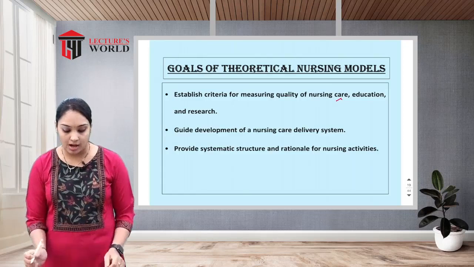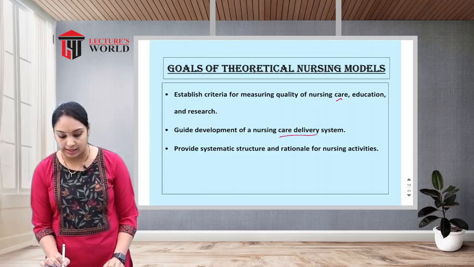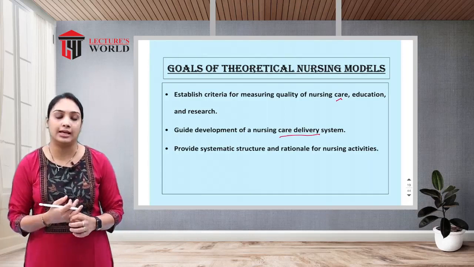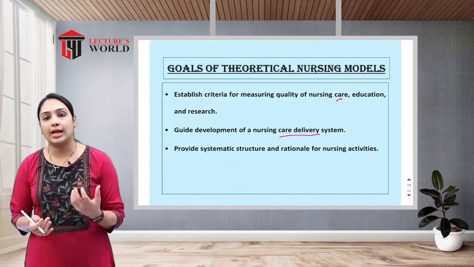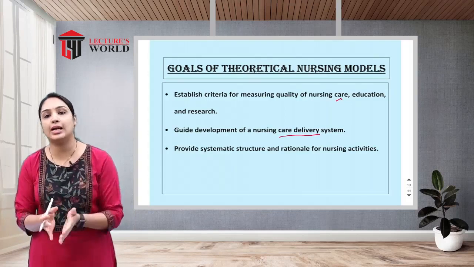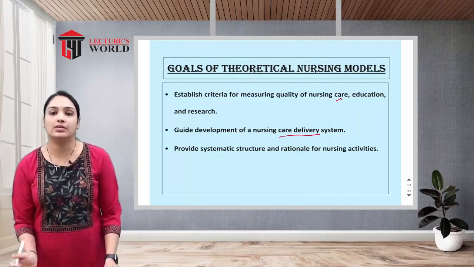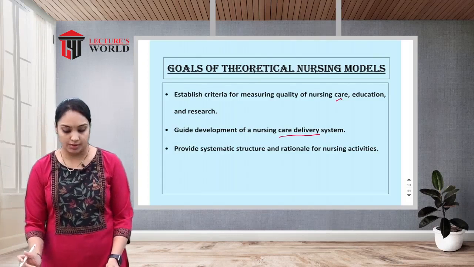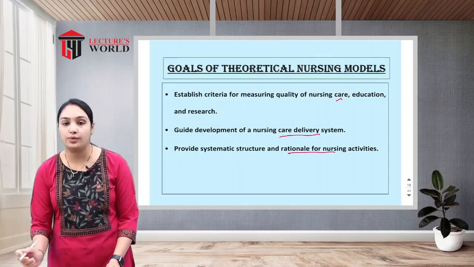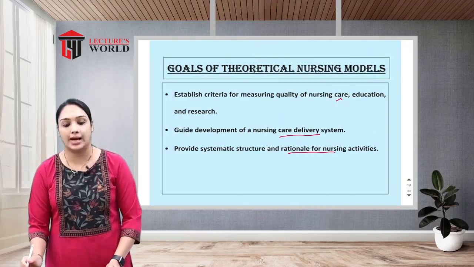Then, guide the development of the nursing care delivery system. We can also focus on the nursing care delivery system, and it can be guided by the model. With the help of that delivery system, we can give nursing care to the patient. Provide systemic structure and rationale for particular nursing activities.